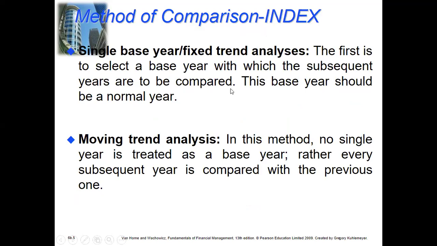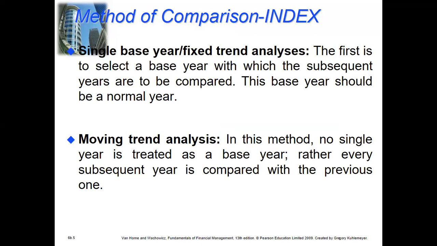So when we want to do index analysis or horizontal analysis or trend analysis, we can do what we call a single base year or fixed trend analysis, or we can do a moving trend analysis. With a single base year, we would have a number of years.